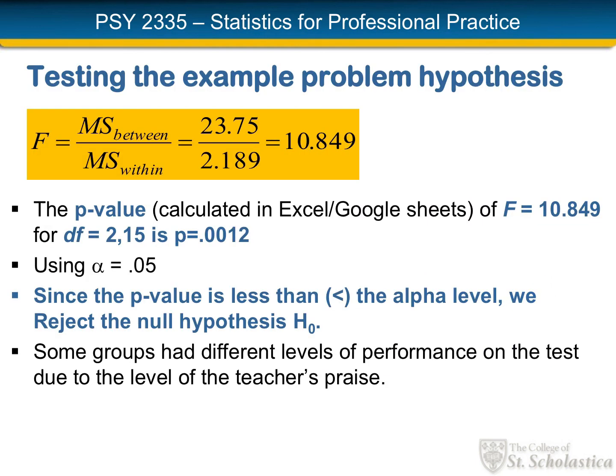I used the software to compute our p-values for our experimental problem, so we already had our F statistic of 10.849. When I used the data analysis tool pack in Excel, and I also carried it out in Google Sheets and got the same result, the software gave me the 10.849 just as I'd computed before.